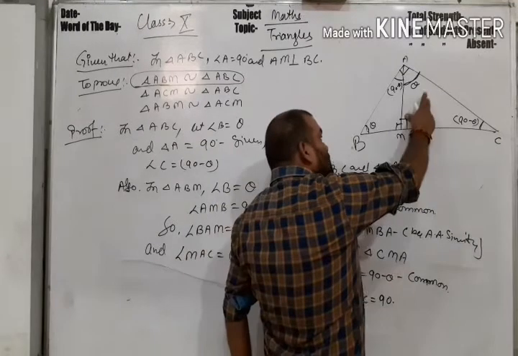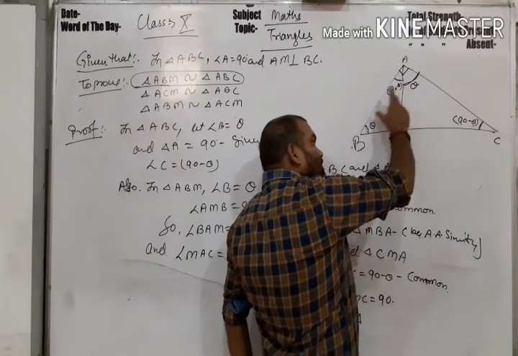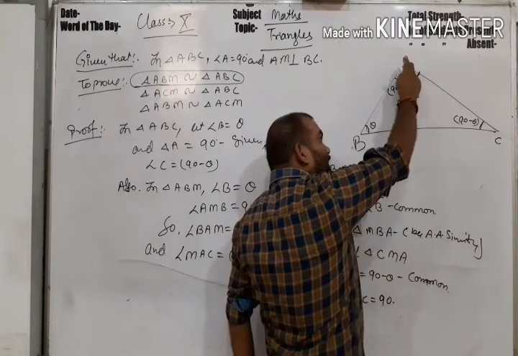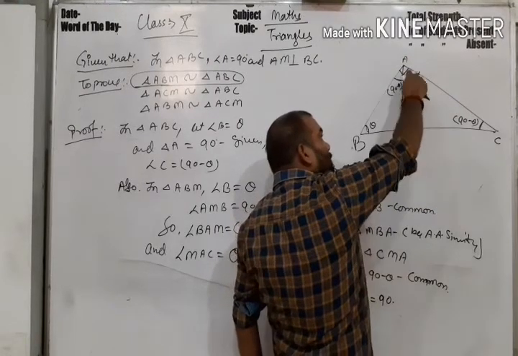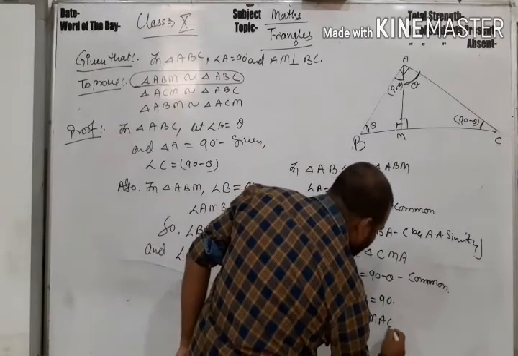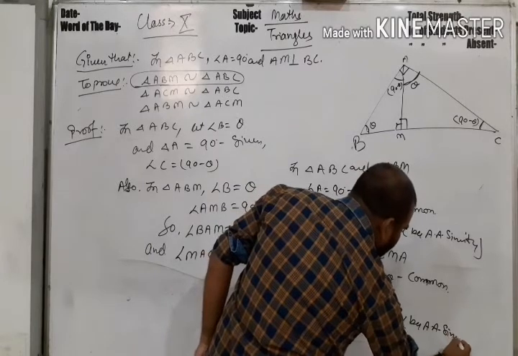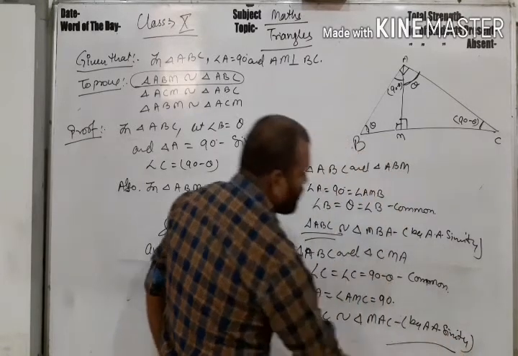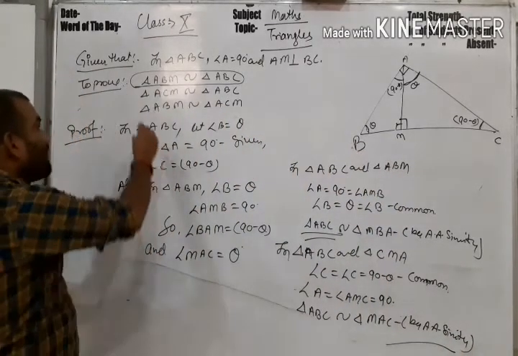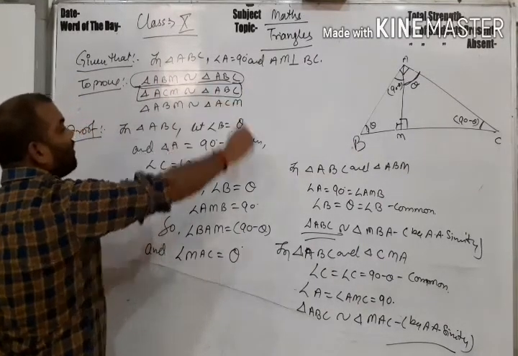So in this, the first name will be M because this contains 90 degrees, and the second, theta, will be A. So the name changes to MAC by angle similarity. So we have proved that this triangle is also similar to the whole triangle.